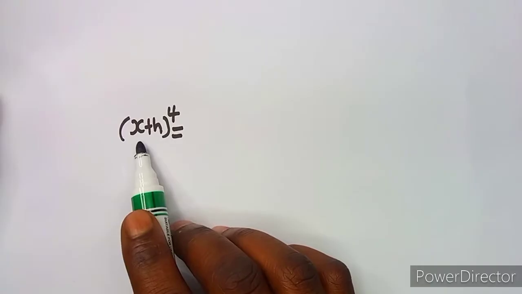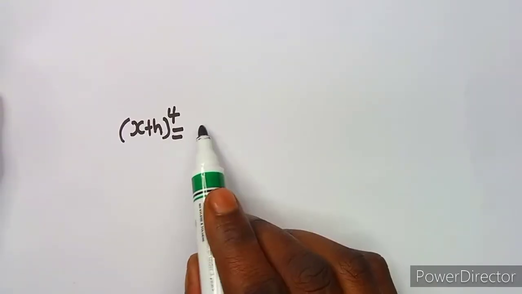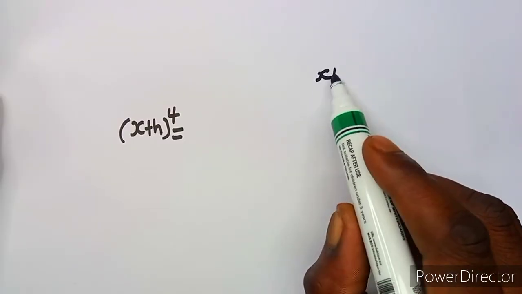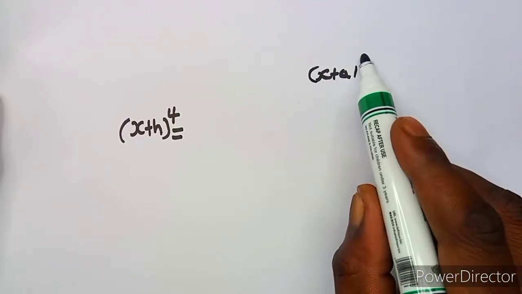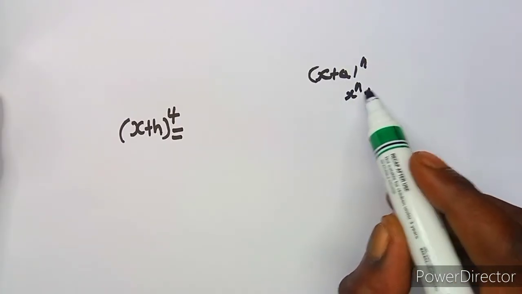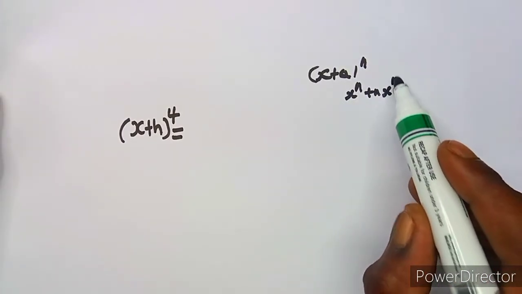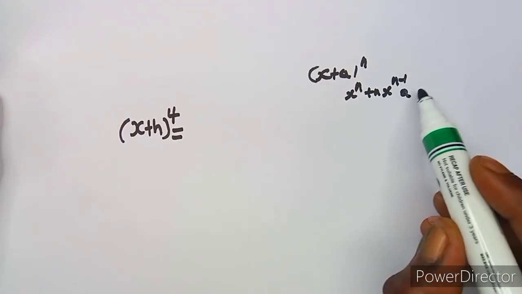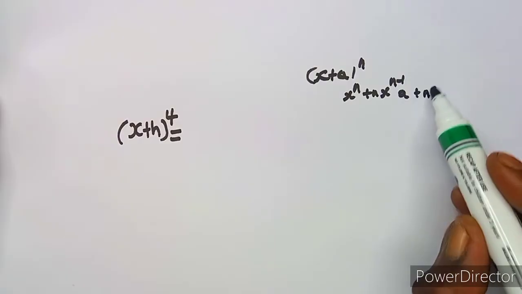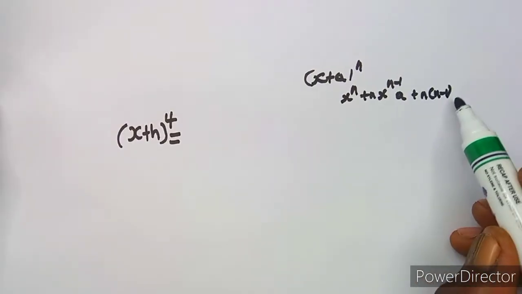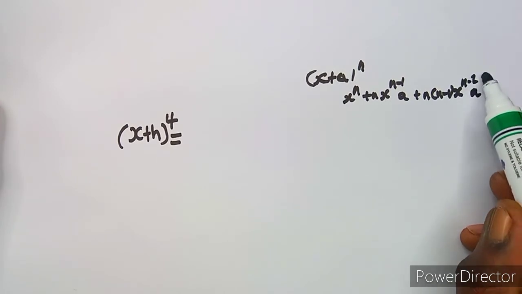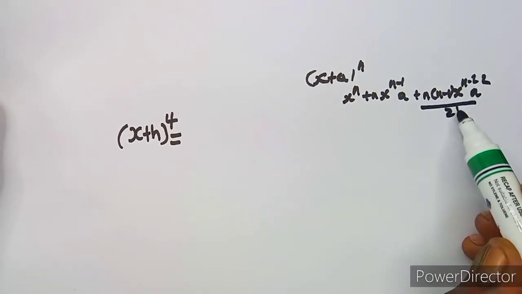So we know that using our binomial, remember, if you are given x plus a to the exponent of n, it's going to be x to the exponent of n plus n, x to the exponent of n minus 1, a, and so on. Plus n by n minus 1, x to the exponent of n minus 2, a to the exponent of 2 over 2 factorial, like this.